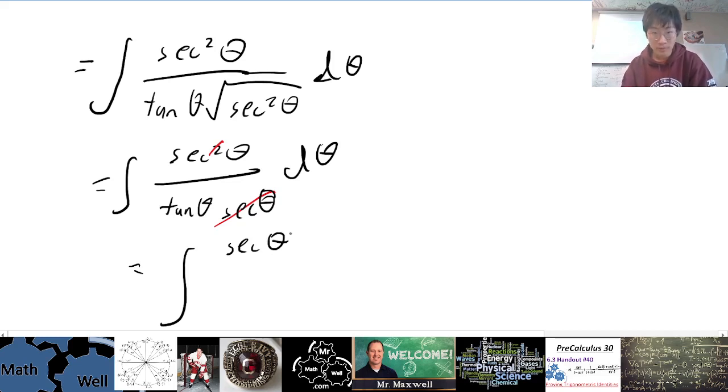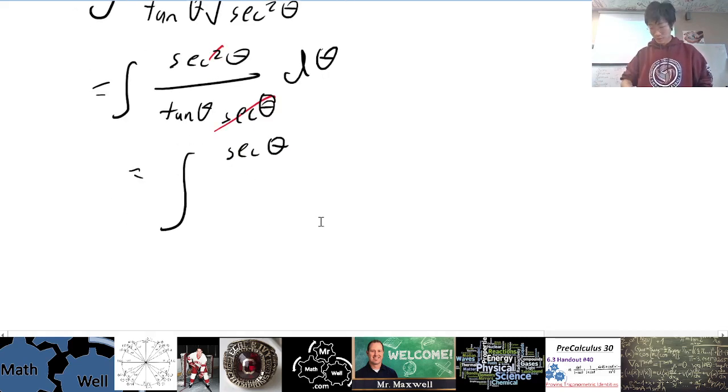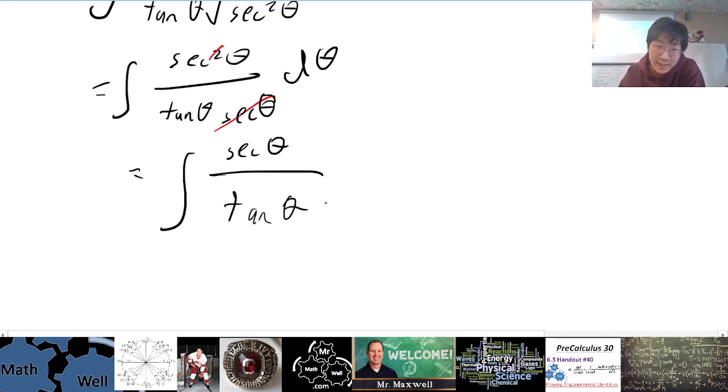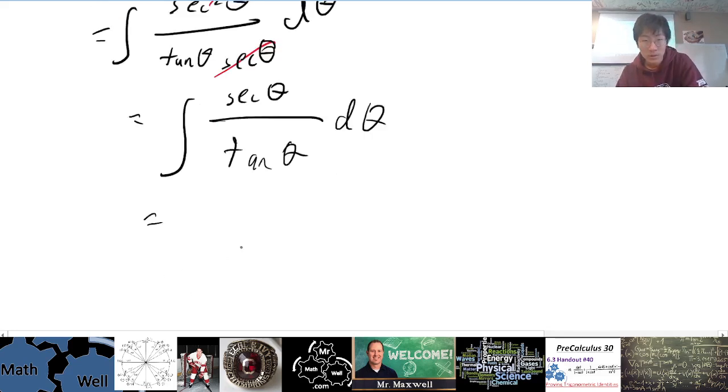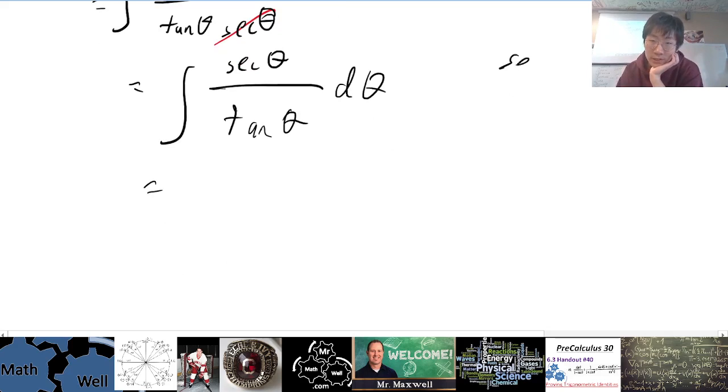over, if it will let me scroll, secant theta over tan theta, over tan theta d theta, and this is going to equal, well, secant theta equals 1 over cos theta.